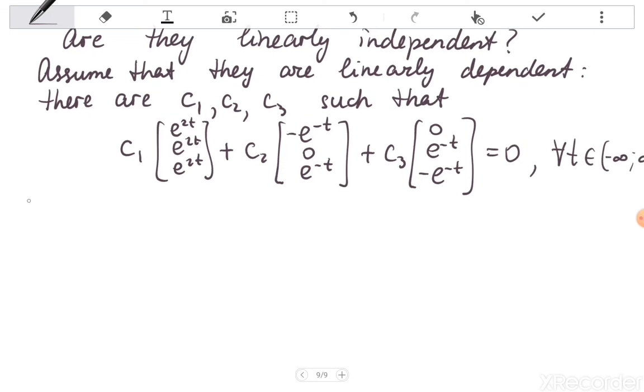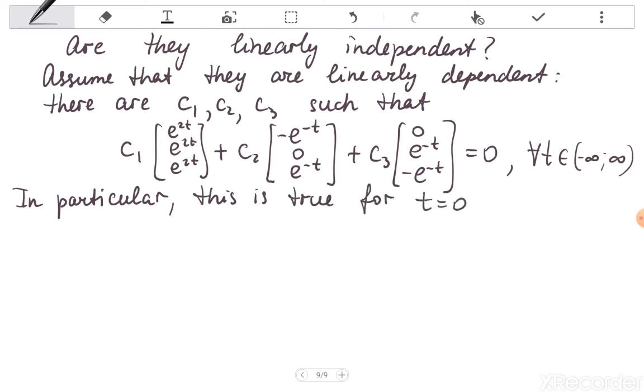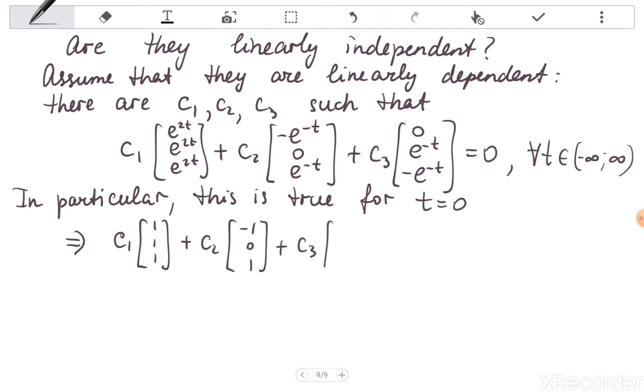So in particular, this is true for, let's say, t is 0. Just take the simplest case, t is 0. This is one of the points of this interval. So it means that C1 times the vector 1, 1, 1 plus C2 times the vector minus 1, 0, 1 plus C3 times the vector 0, 1, minus 1 is 0.